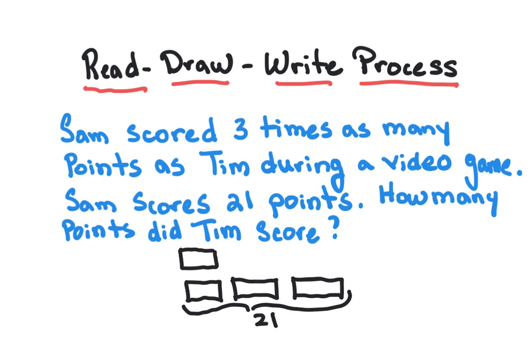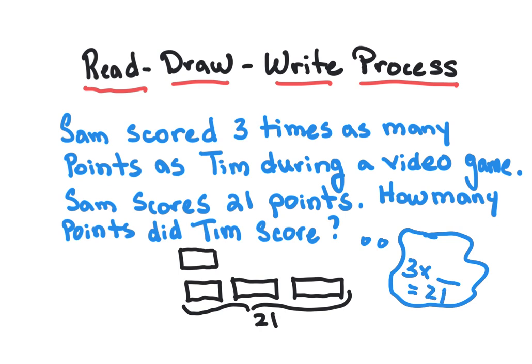So we don't know what is going to go in these boxes. So what we have to do, guys, is do the inverse operation and think to ourselves, 3 times what will give us 21? And again, knowing our facts, 3 times 7 is equal to 21. So inside each one of these boxes would be a 7.